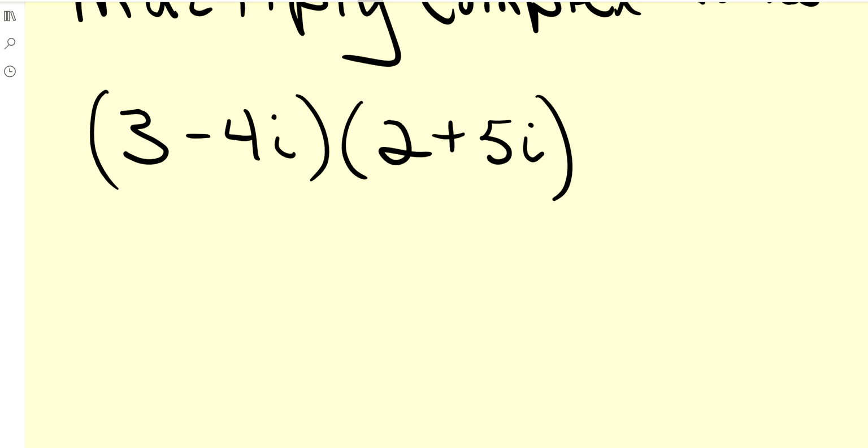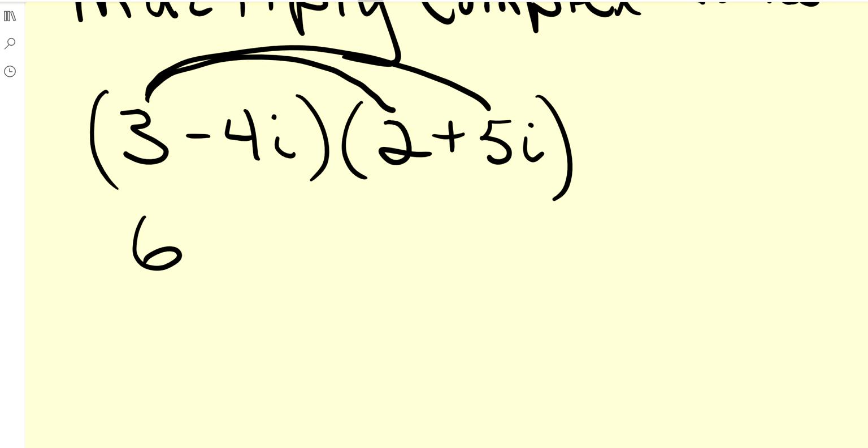Okay, all right, so let's just FOIL it. My first is 3 times 2, which is 6. Then I can do the outside, which is 3 times 5i, which gives me positive 15i. Inside, I've got negative 4i times 2, which is negative 8i.